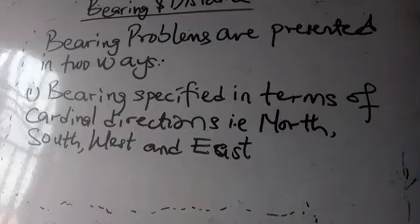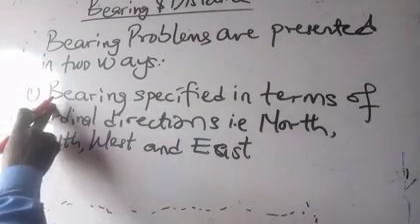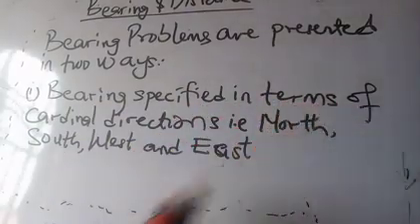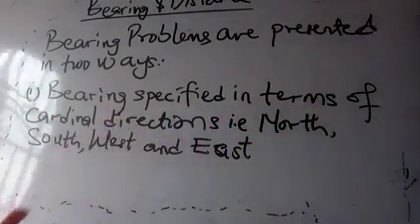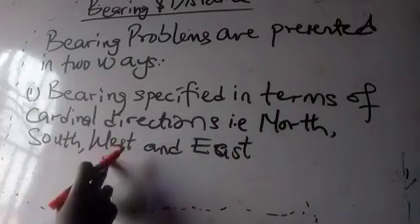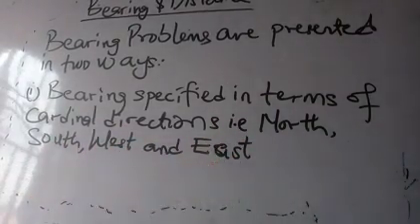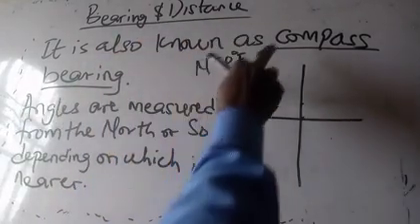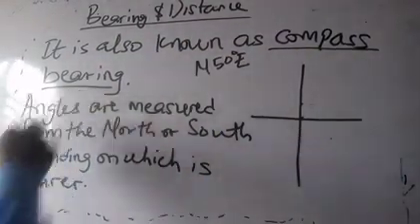Bearing problems are presented in two ways. Number one, bearing specified in terms of cardinal directions, that is north, south, west, and east. Bearing specified in terms of its cardinal points is also known as compass bearing.